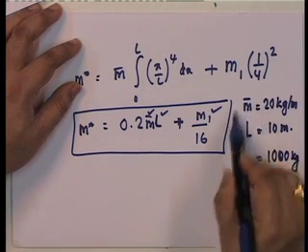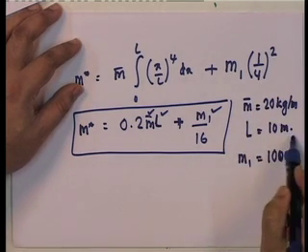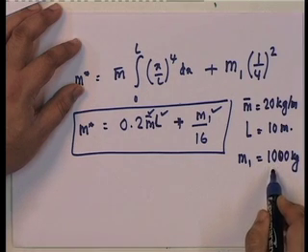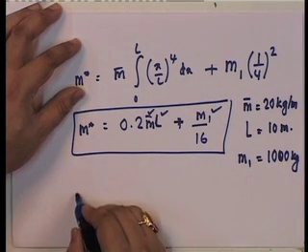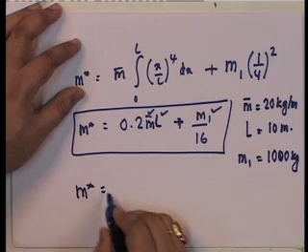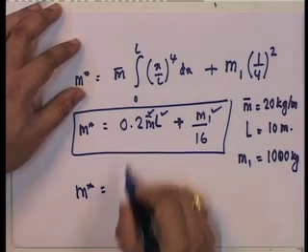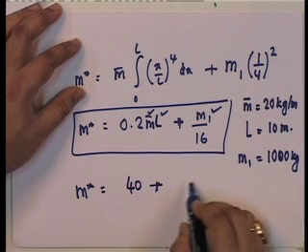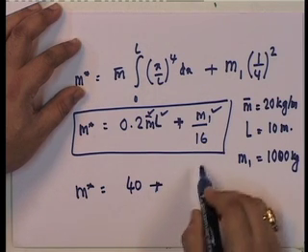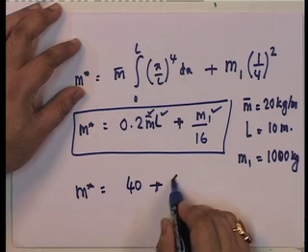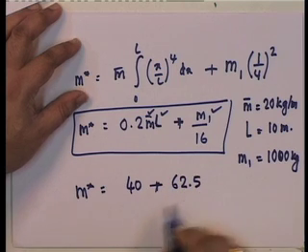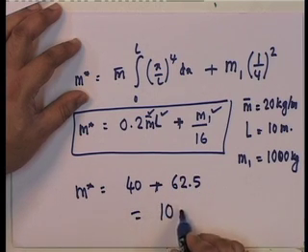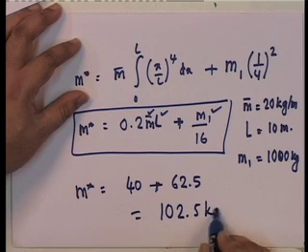So total mass of the bar is 200 kgs, and this point mass is 1000 kgs. So if I do this, m star is equal to 200 into 0.2, that's 40, plus 1000 upon 16, that is equal to 62.5. So m star is equal to 102.5 kg.